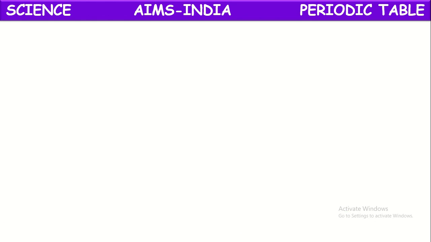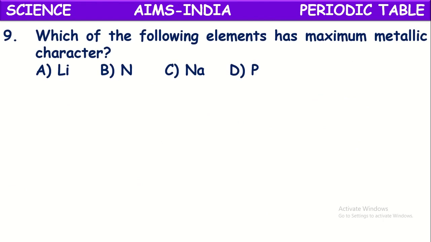Okay, next one. Which of the following elements has maximum metallic character? What is the relation between these elements again? Lithium, nitrogen, sodium, phosphorus. If you locate these elements in the modern periodic table, then we can easily say about the characteristic asked.